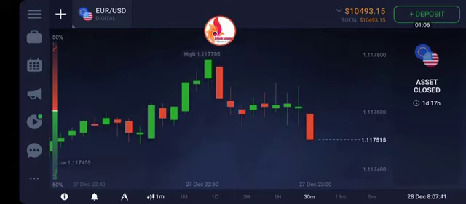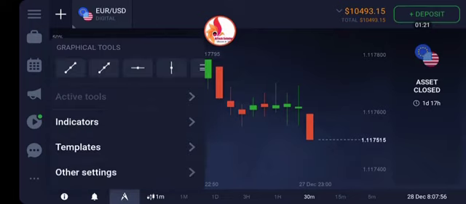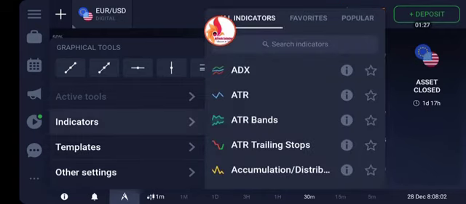So right now, I'll be adding the indicator on the third command here. So 1, 2, 3. Now here we have indicators. So select it. Now we need just two indicators. One is Bollinger Band and the second one is stochastic oscillator.